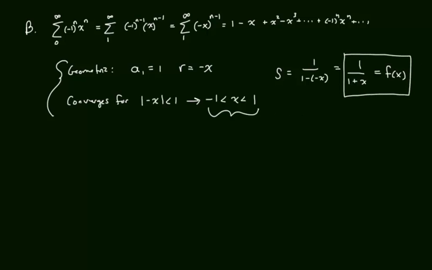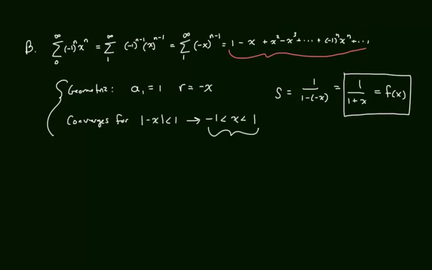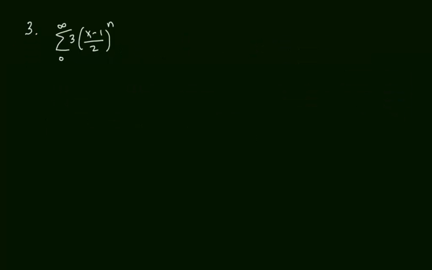And the function looks like this as a power series. And I've been calling these A, B. In the notes, it looks like I've written 1, 2, etc. Example 3, sum 0 to infinity 3 times quantity x minus 1 over 2 to the power of n.